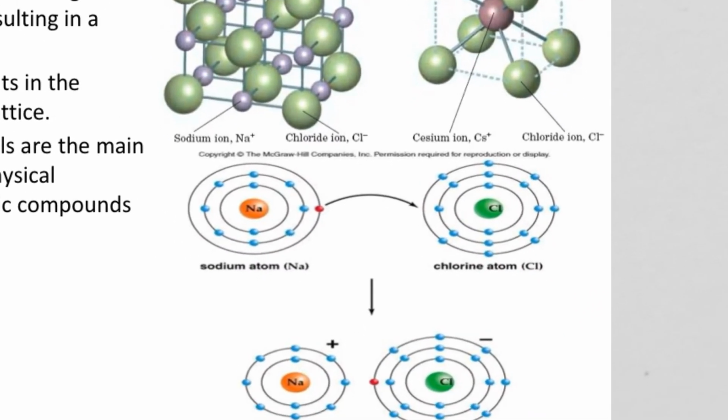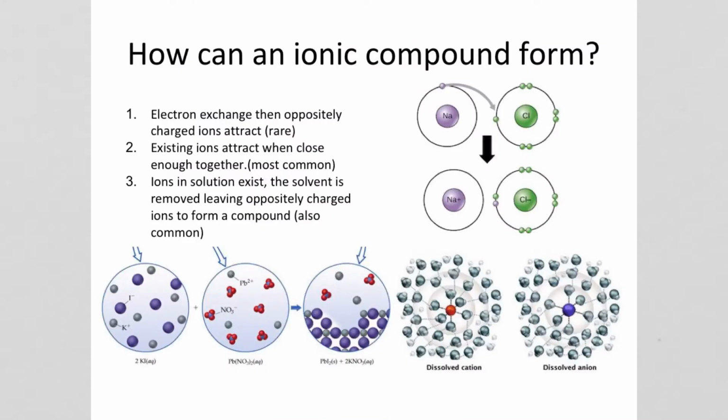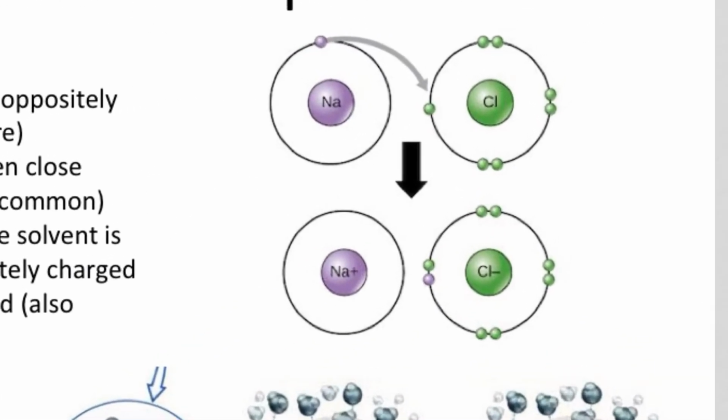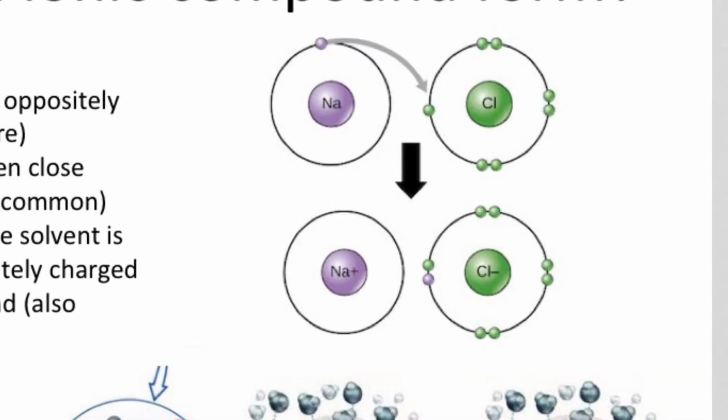Now, quite often we think an ionic compound occurs by an electron being given up to the anion. That's not always the case, as we'll see in a little bit. This is quite often what you'll see in textbooks, but it's not really 100% the truth. So let's take a look at what that truth really is. What you saw in the previous is a little more simplified, here just looking at the valence electrons.